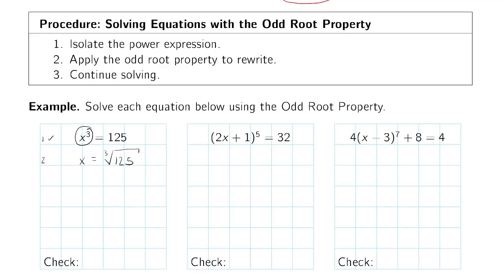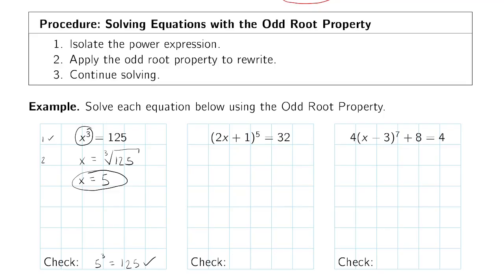And then x is already by itself, so all we have to do is calculate the third root of 125. We can use a calculator for this if we'd like. We get x equals 5. Just to check, 5 to the third really does equal 125.